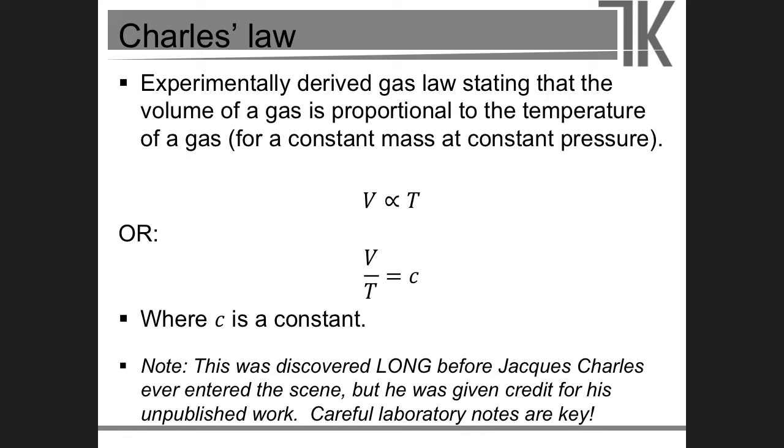And really, it's just from his lab notes that Gay-Lussac went, you know what, I got all my ideas from Jacques Charles. We should name this after him because he kept such a great lab book. So really important to keep great lab notes.